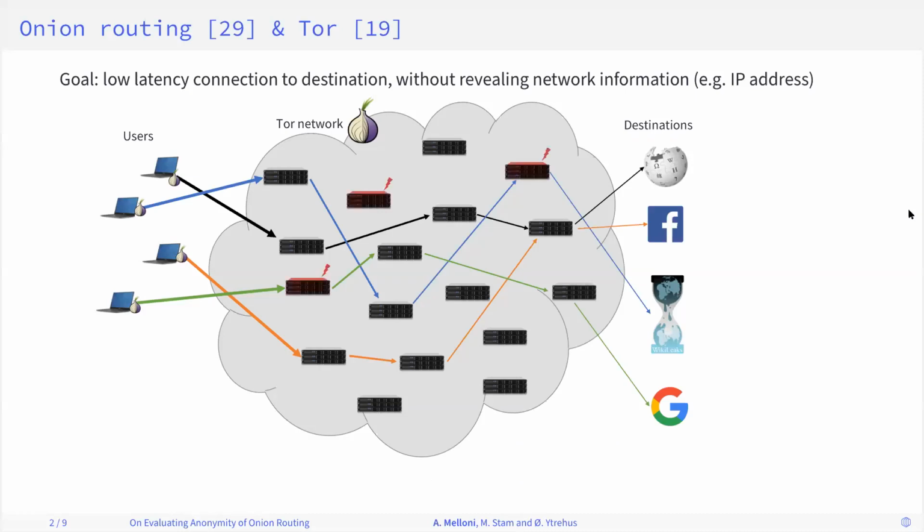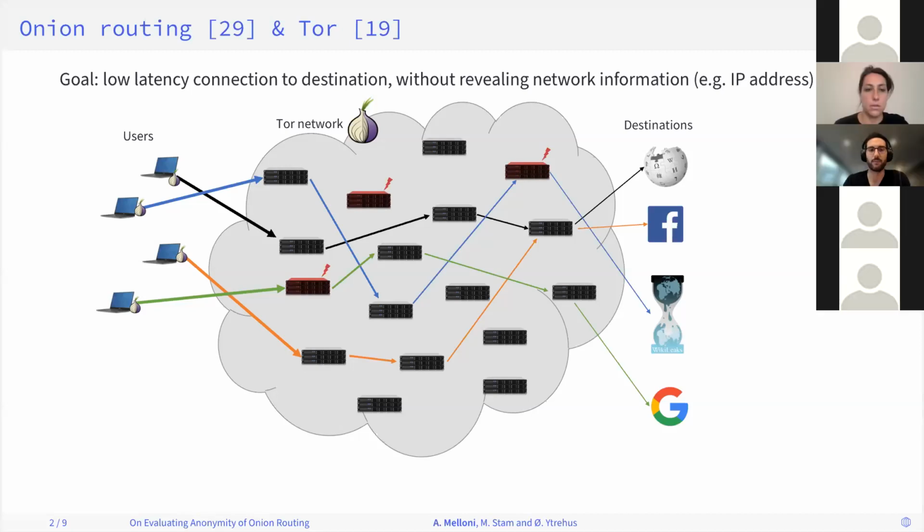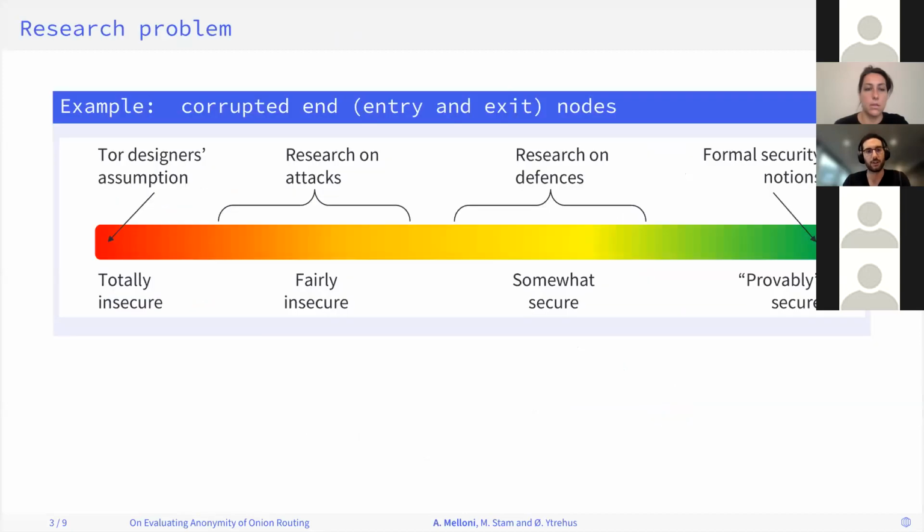Since it was presented, there has been a lot of research trying to determine the level of privacy and anonymity that the protocol offers, even in case some of the nodes are corrupted. For example, if both the entry and the exit node are corrupted, then the Tor designers state that the protocol doesn't offer any privacy at all.